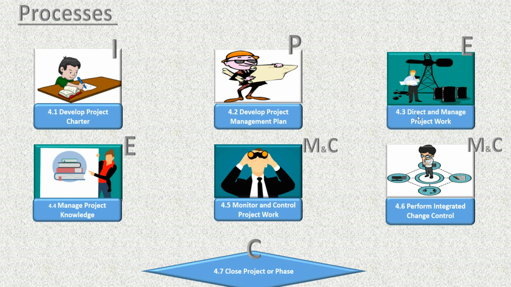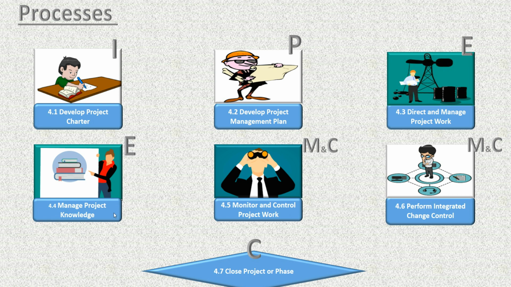Then the third process is direct and manage project work. Okay. So direct and manage project work, in this part of the process, we execute the project. We try to produce the deliverable, which is the goal of the project. Right? So that's why this comes under executing process group.